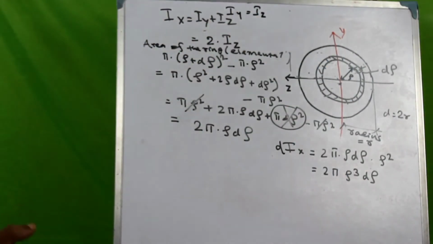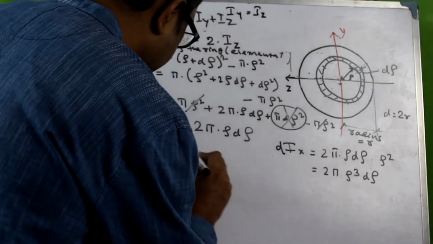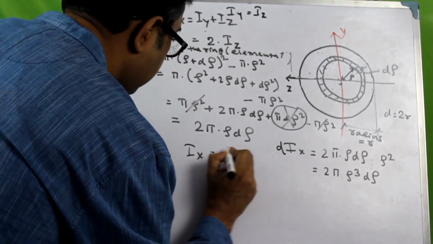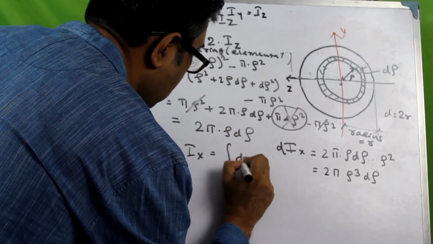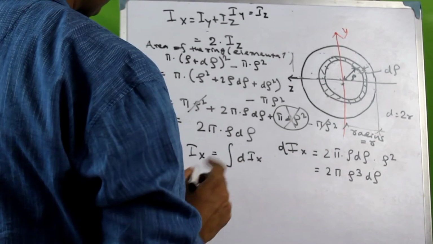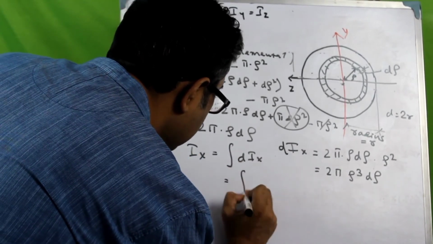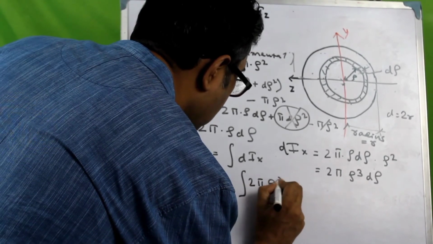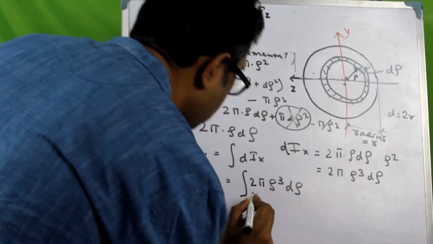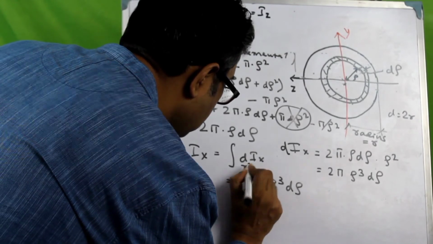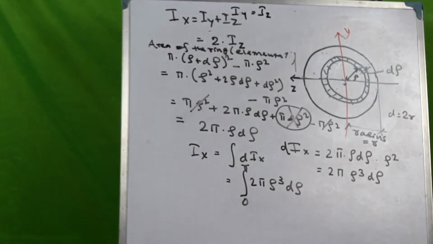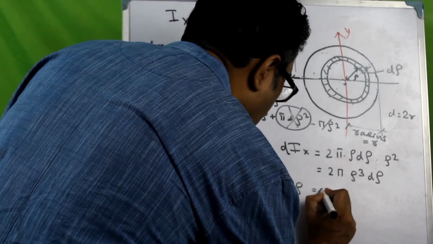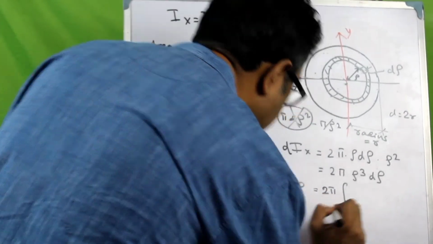So the moment of inertia about the x-axis for the whole cross section would be given as integration of dIx, which would mean that we need to integrate this expression 2 pi rho cube d rho from 0 to the radius r, where 2 pi is a constant term, so it will come out of the integration expression.